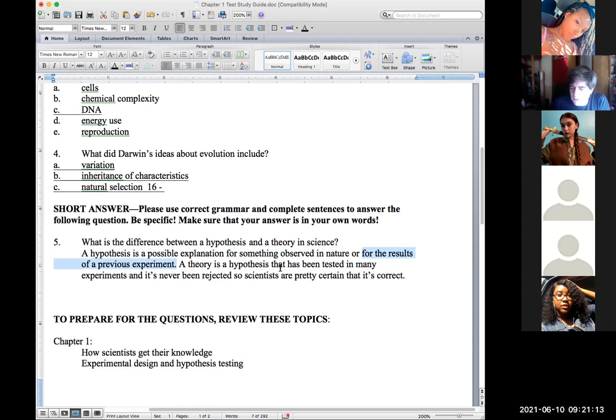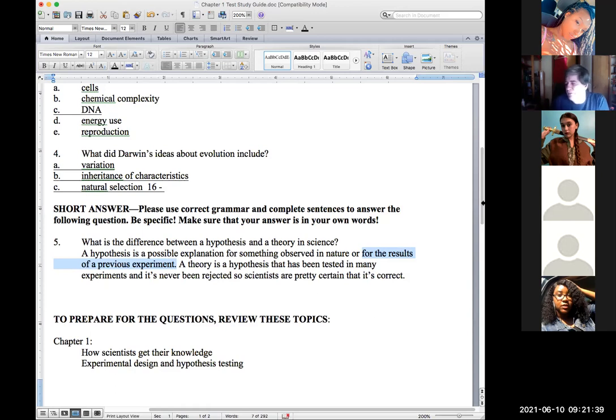So somewhere in here, if you said all living organisms are made up of a hypothesis, you would lose a point for something like that. So it's usually not good to just add some things in if you don't think that they're actually part of the answer to the question, because you can lose points for stuff that's incorrect that you put in.